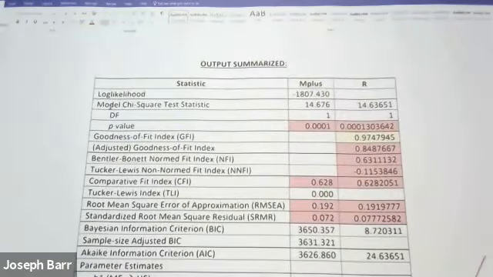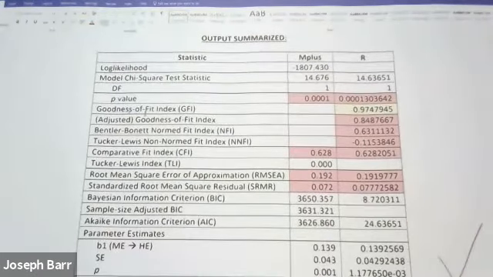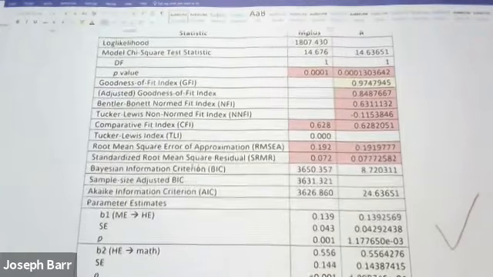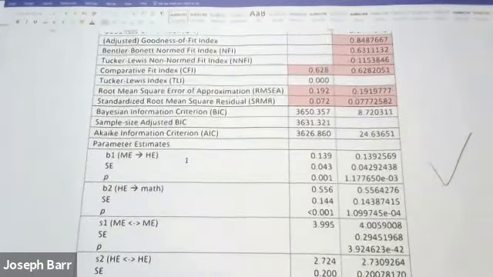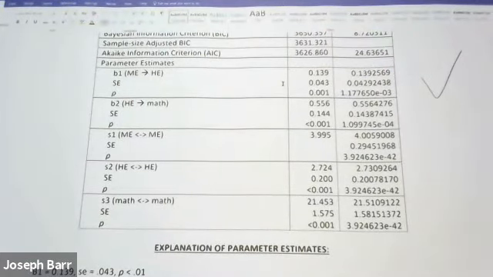Degrees of freedom, p-value, chi-square, GFI. Some indexes are not provided by M+. And for R, they provide all of these. And also the parameter estimates.